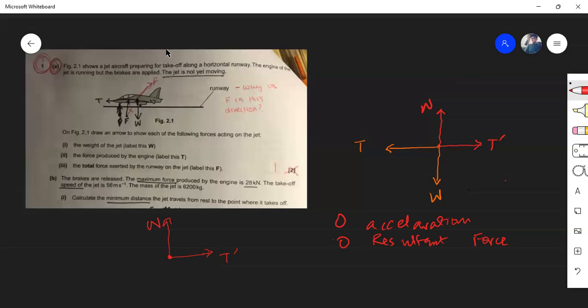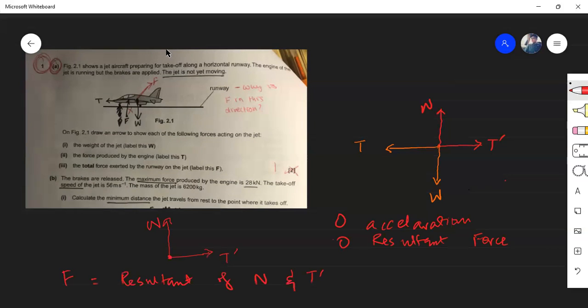So the resultant of the normal reaction force and the T prime force will actually be the force F, which is asked in the question. F is the resultant of the normal reaction force and the T prime reaction force.